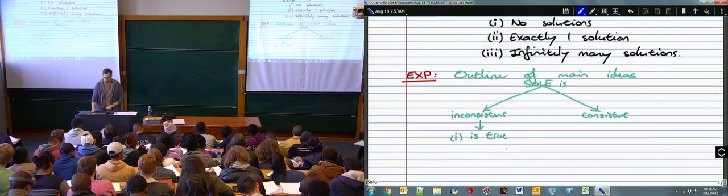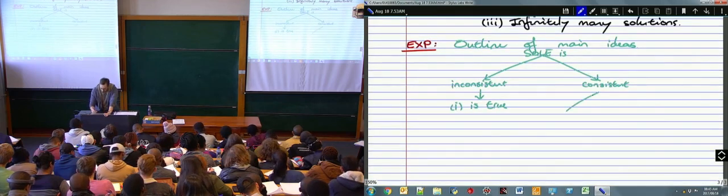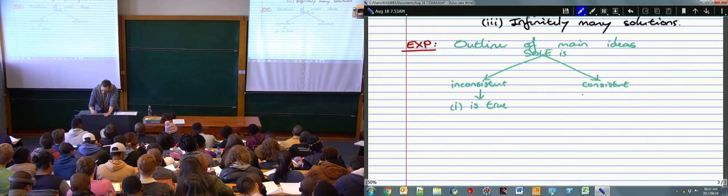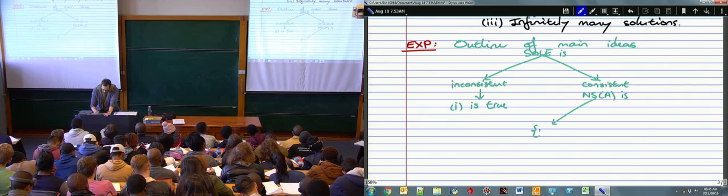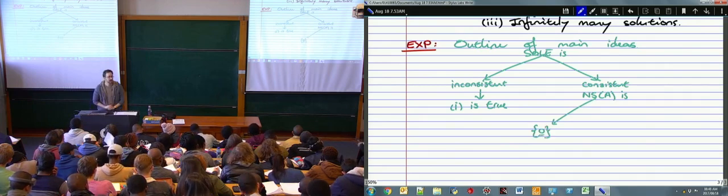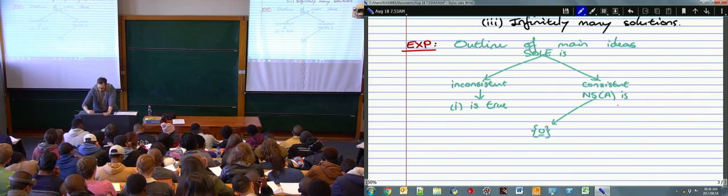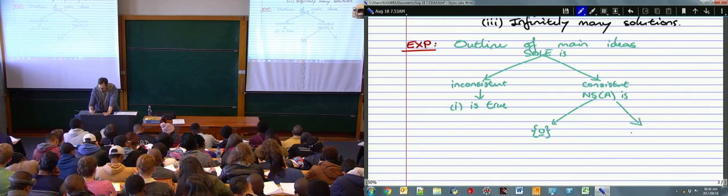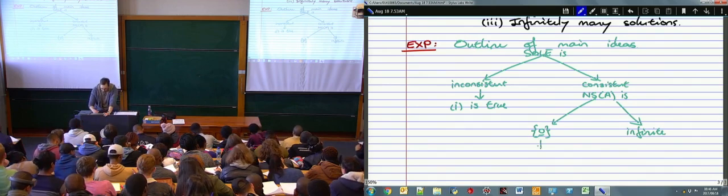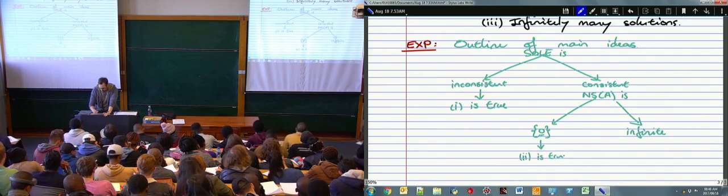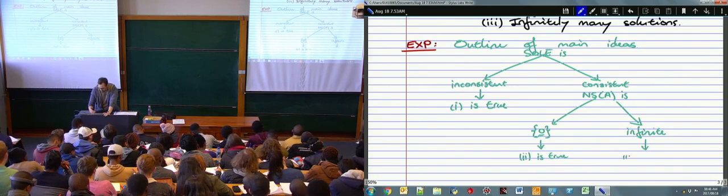If it's consistent, then we do the following. The null space of A can either be just a single element, which is the 0 vector, or the null space of A could be infinite. If the null space of A is just a single vector, the 0 vector, then 2 is true. Otherwise, 3 is true.